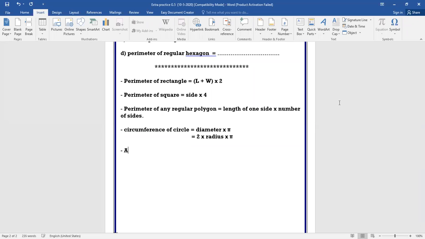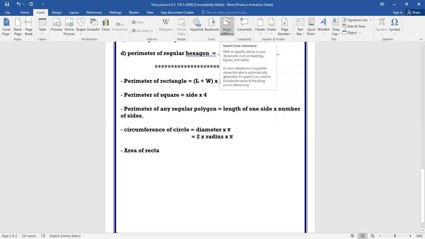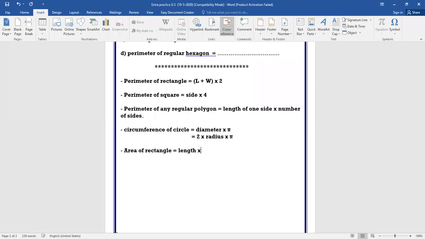After that, area of a rectangle is length multiply width.